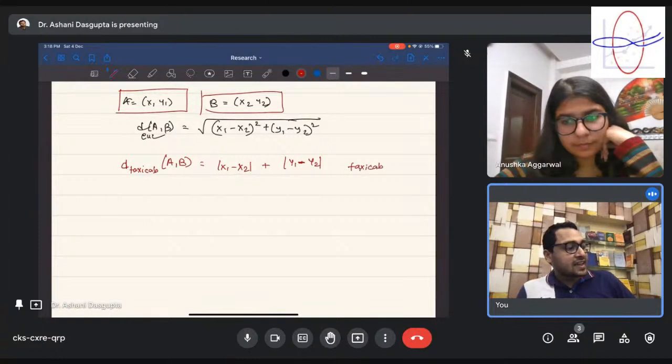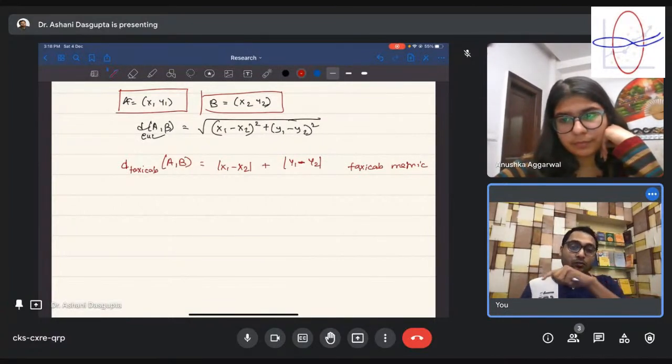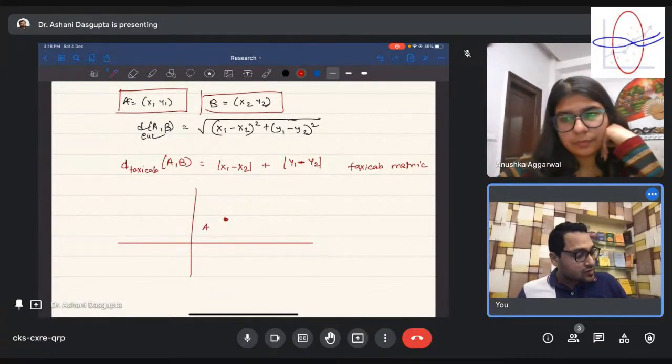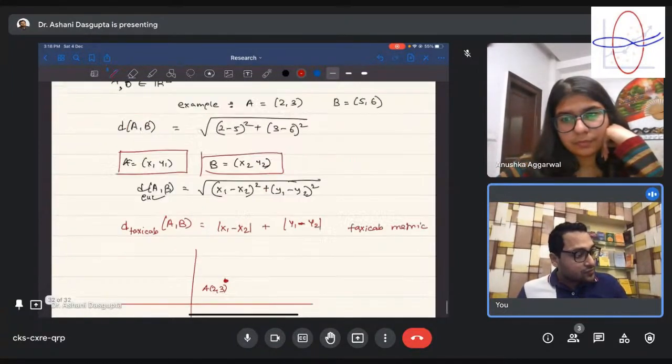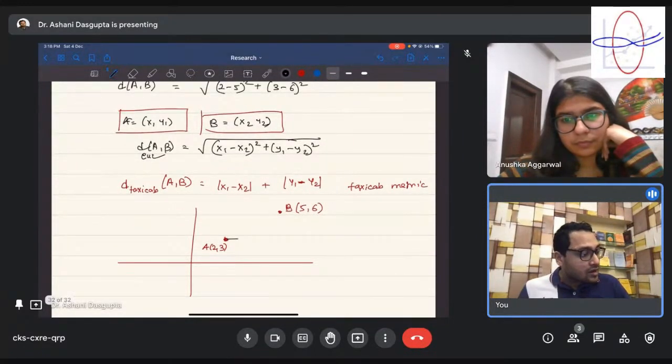The reason it is known as the taxicab metric is because of the way you are actually moving along the plane, right? If you are at the point A, which is (2, 3), and you want to go to a point B, which is (5, 6), the taxicab metric tells you to go along the grid lines.